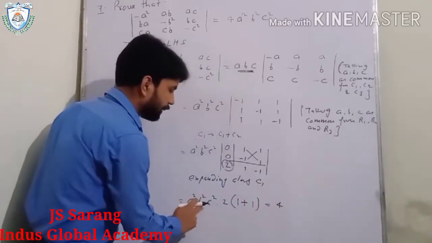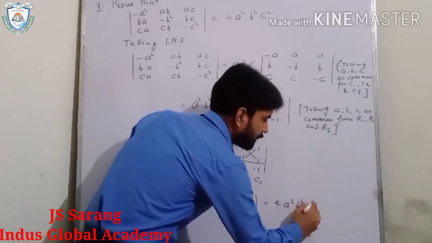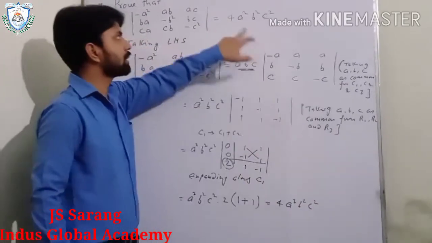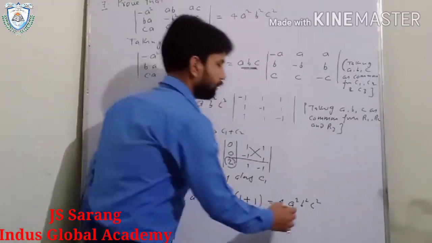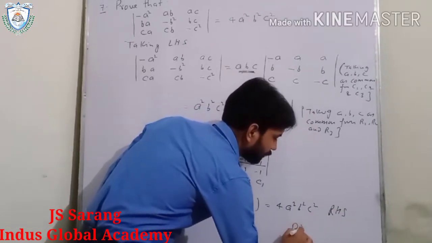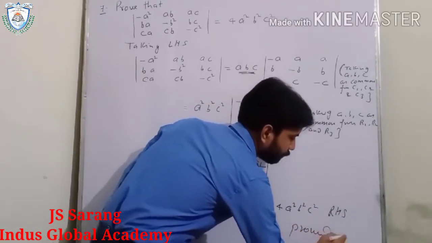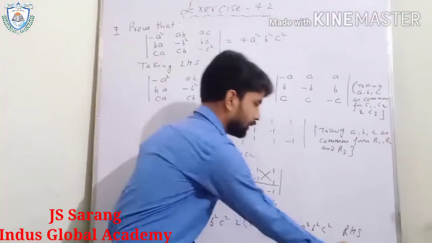Or a square, b square, c square is here. So 4 a square b square c square. This is our right hand side. So hence it is proved. So we have to write here, this is our right hand side. So it is proved. Hope it is clear to everyone. Good.